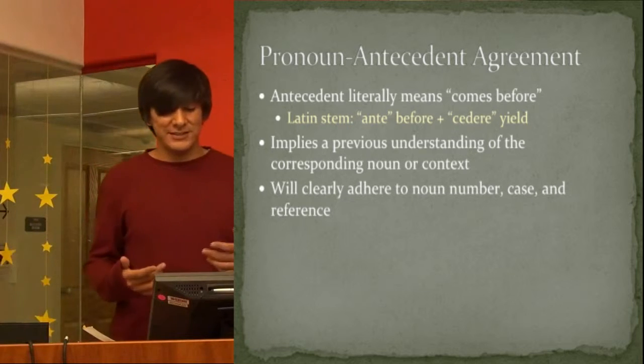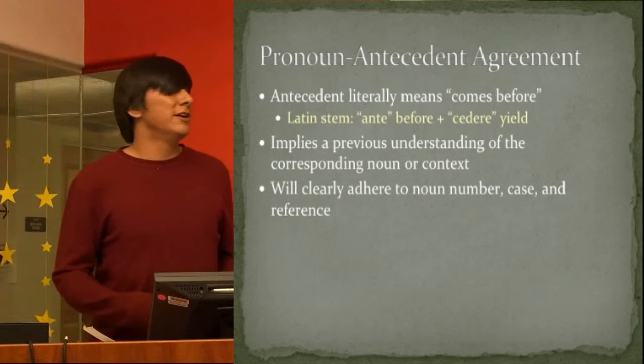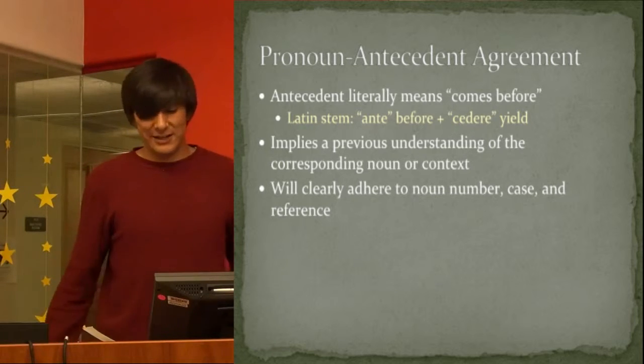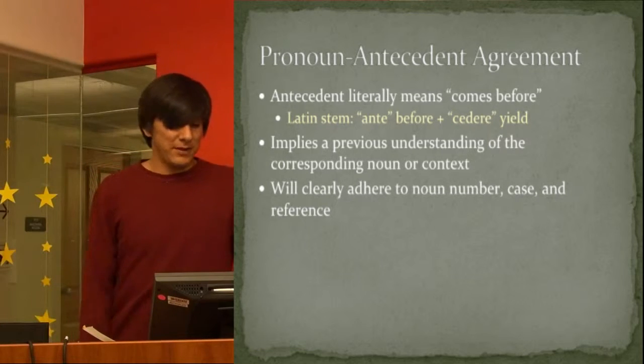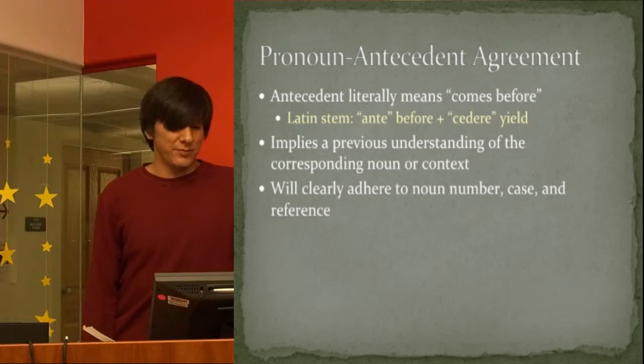Antecedent actually means comes before, and its Latin stem is ante, before, and cedere, which is to yield. But it implies a previous understanding of the corresponding noun, the antecedent, or the context that it's referring to.